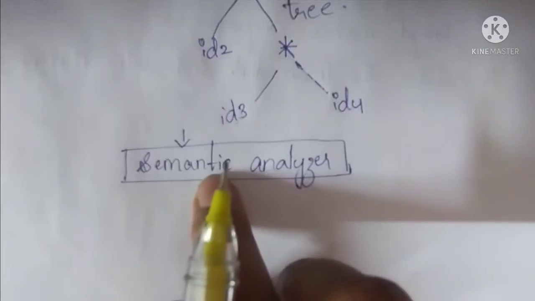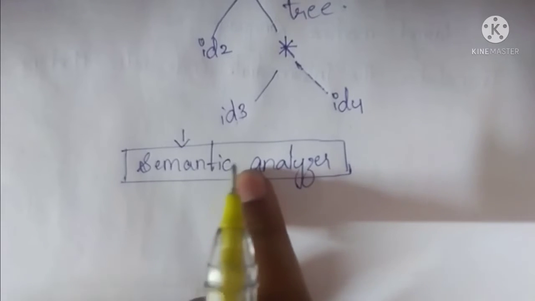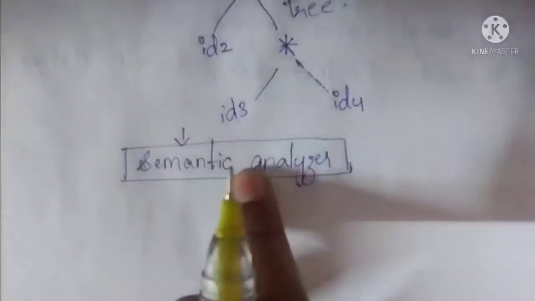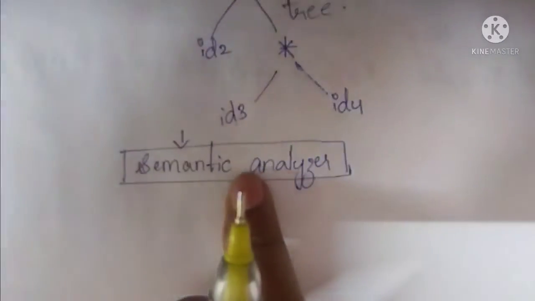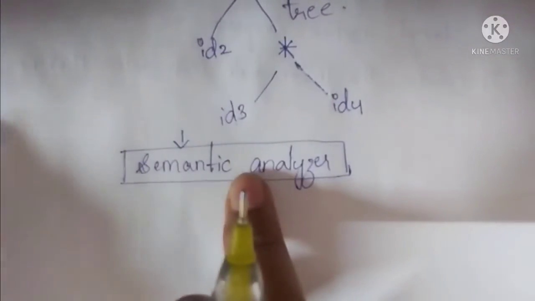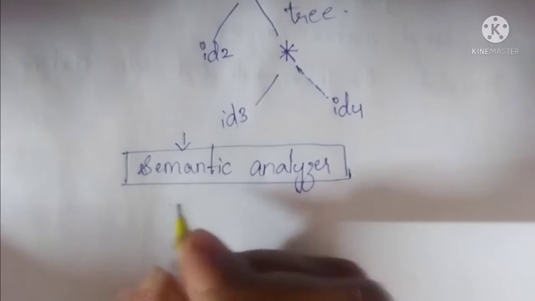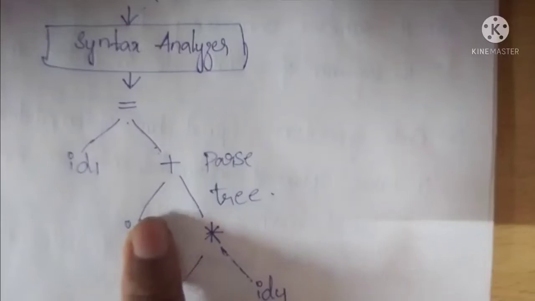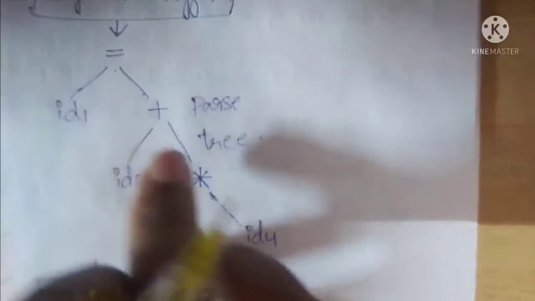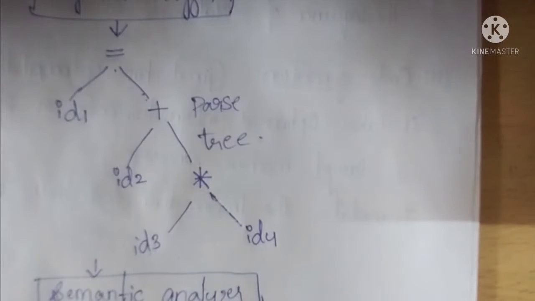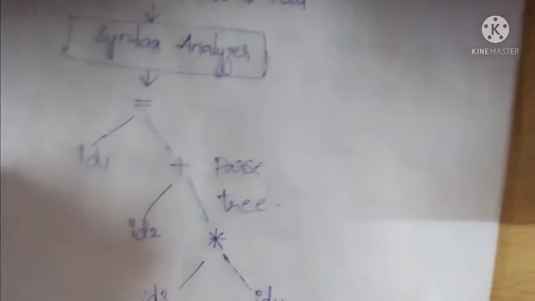What is the output we are getting from this semantic analyzer? We get an annotated syntax tree as the output. In this program we will see how to generate the semantic analyzer. First, it is the same as the parse tree, but the only difference between the parse tree and the annotated tree is that in the place of id4 we have the value.